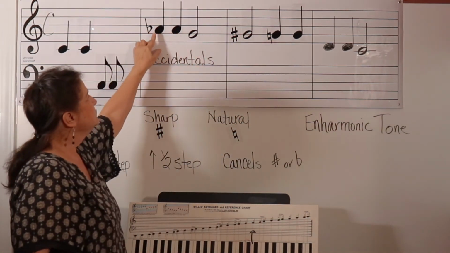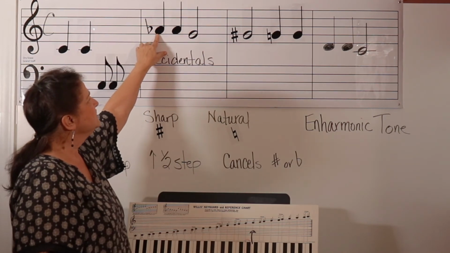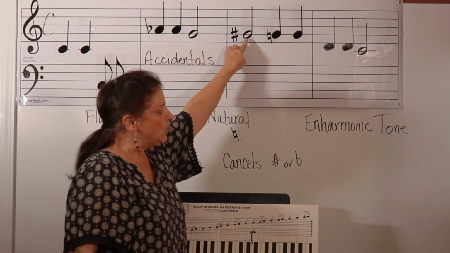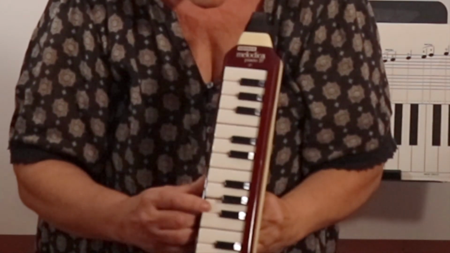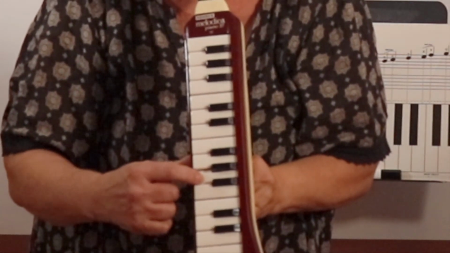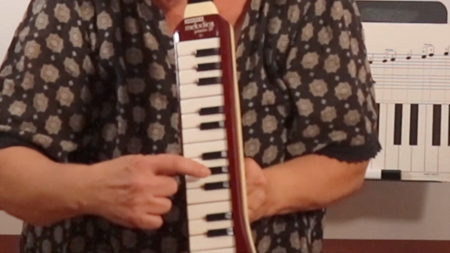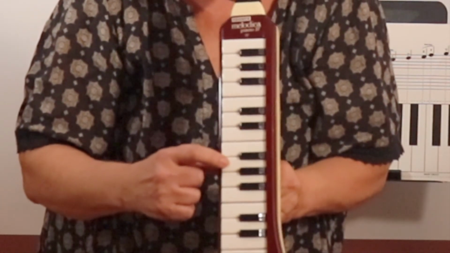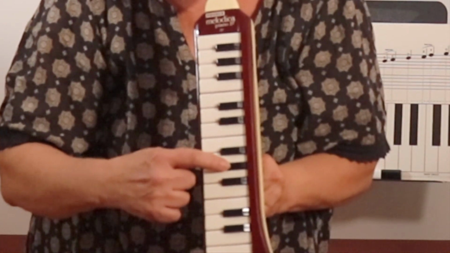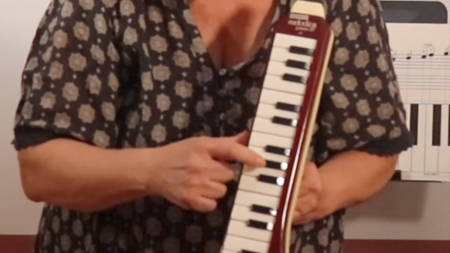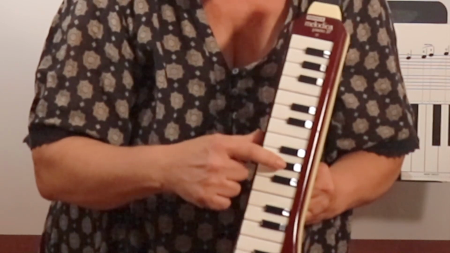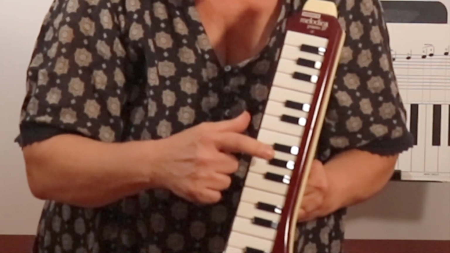Now I put here an A flat and a G sharp, and on the keyboard, here's an A and an A flat. And then here's a G and a G sharp. Well, I played that note, the flat and the sharp, and it sounded the exact same pitch.